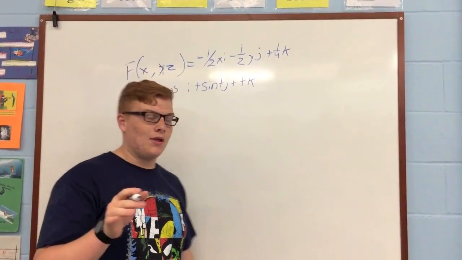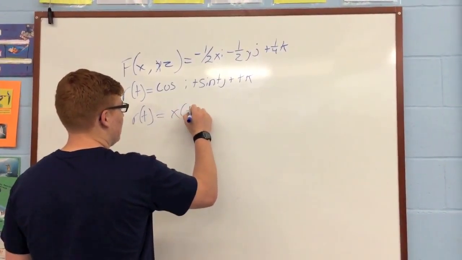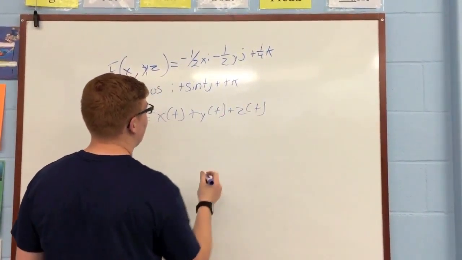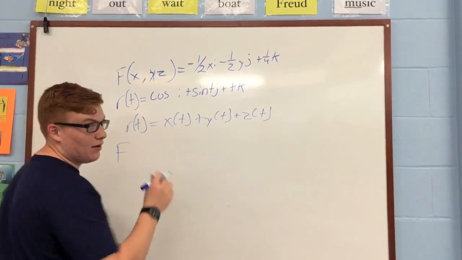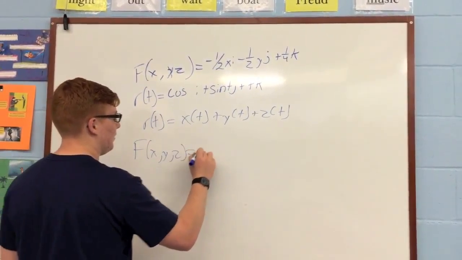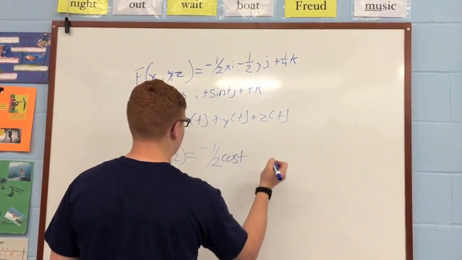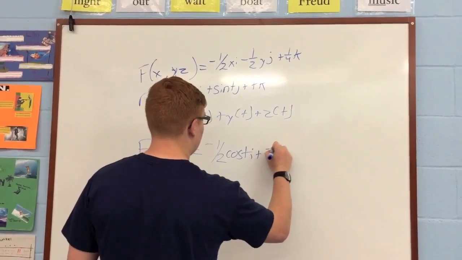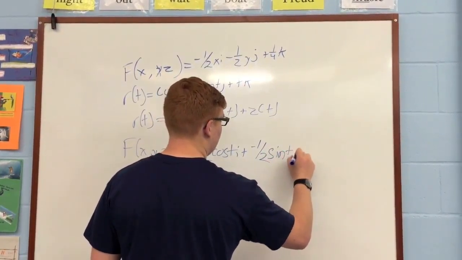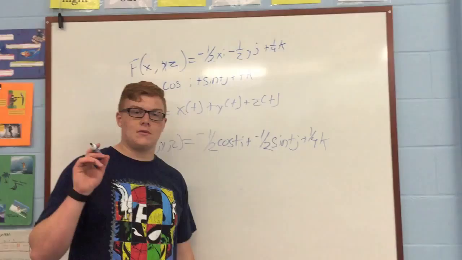All right, so since r(t) is equivalent to x(t) i plus y(t) j plus z(t) k, we can rewrite the force field to be equal to -1/2 cosine t i plus -1/2 sine t j plus 1/4 k.